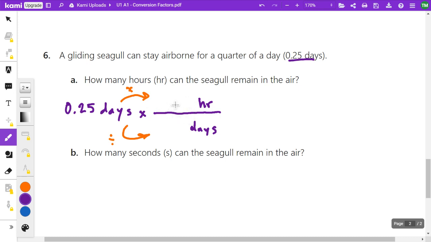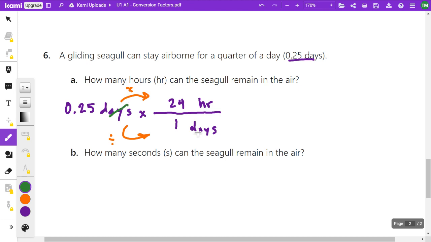Okay? The conversion factor should be totally independent of whatever number you are trying to convert. So regardless of whether I'm talking about a quarter of a day or 16 days, there are 24 hours in 1 day every time.